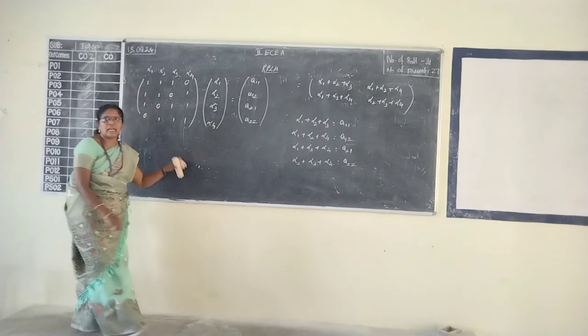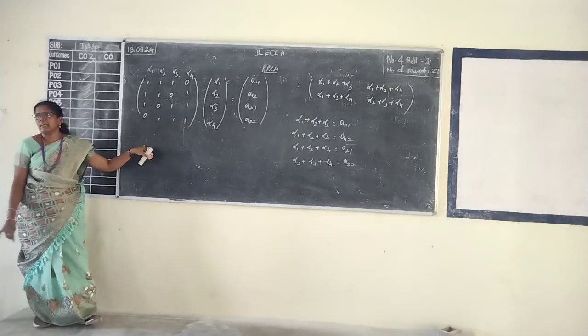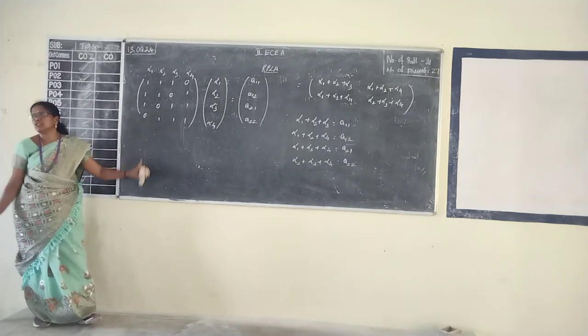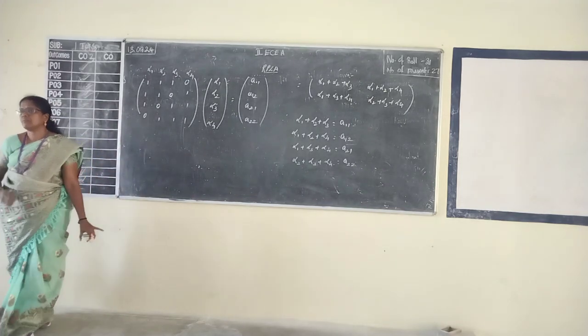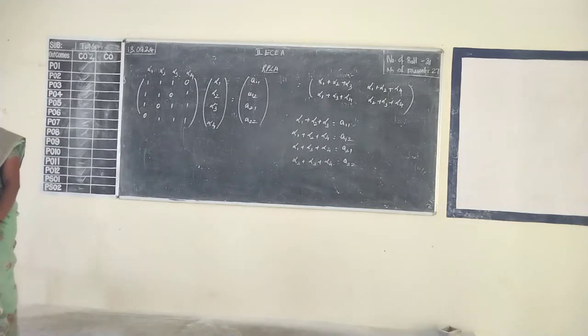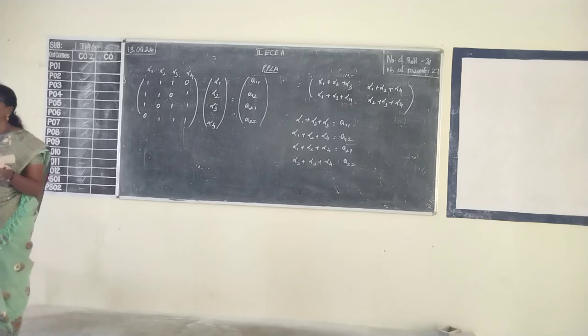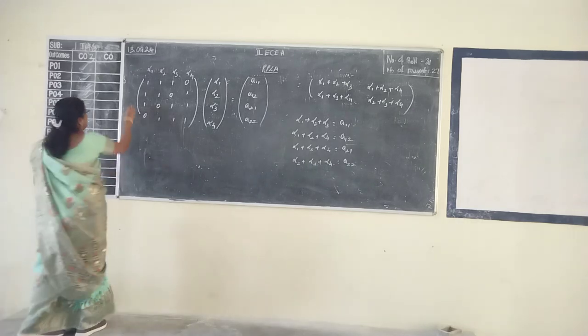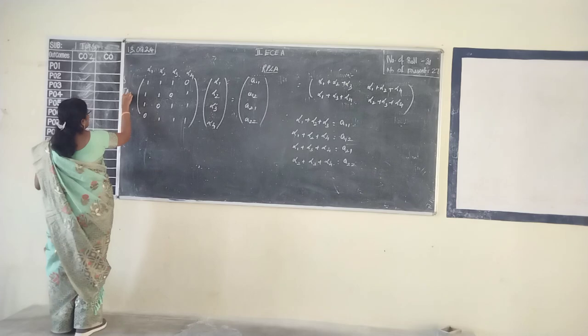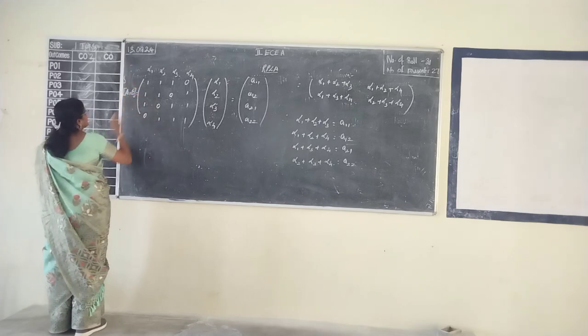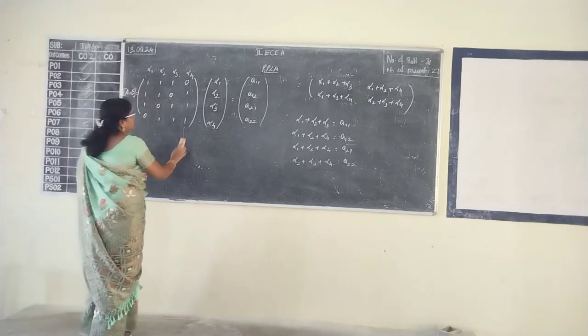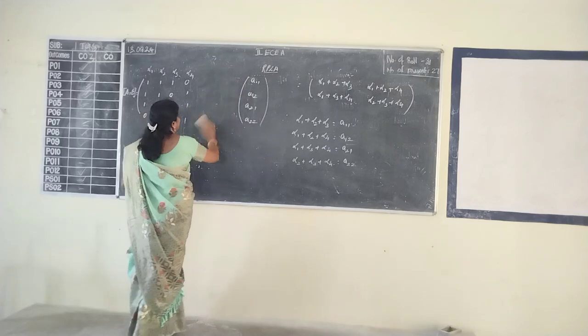Be careful when you are writing this, because if you make any mistake here, all the remaining solving procedure will go wrong. So what is the next step you have to do? The augmented matrix (A | B). Along with the matrix A, attach your matrix B.